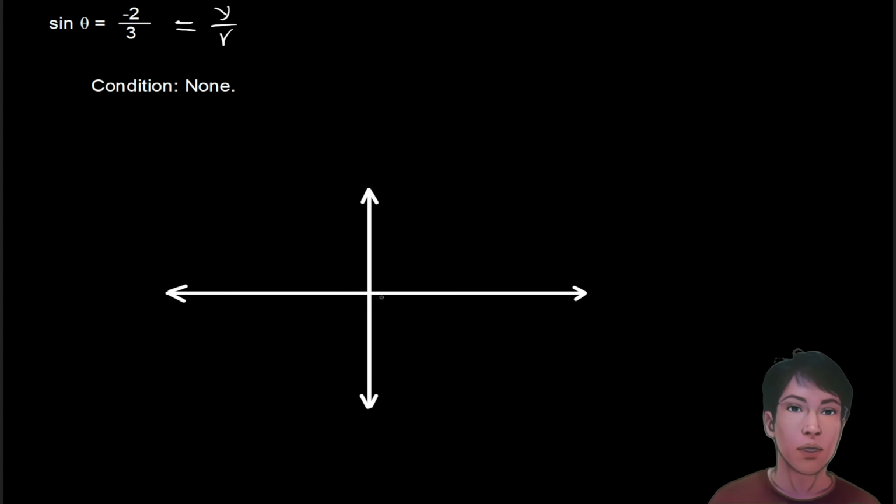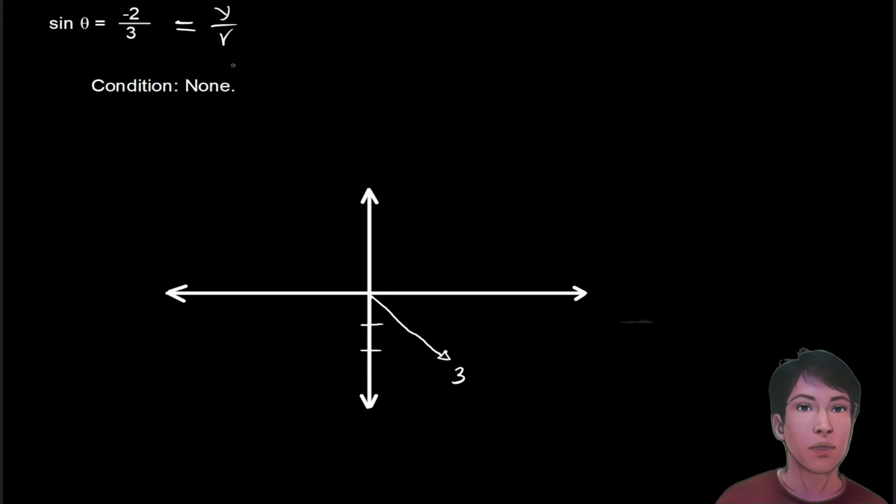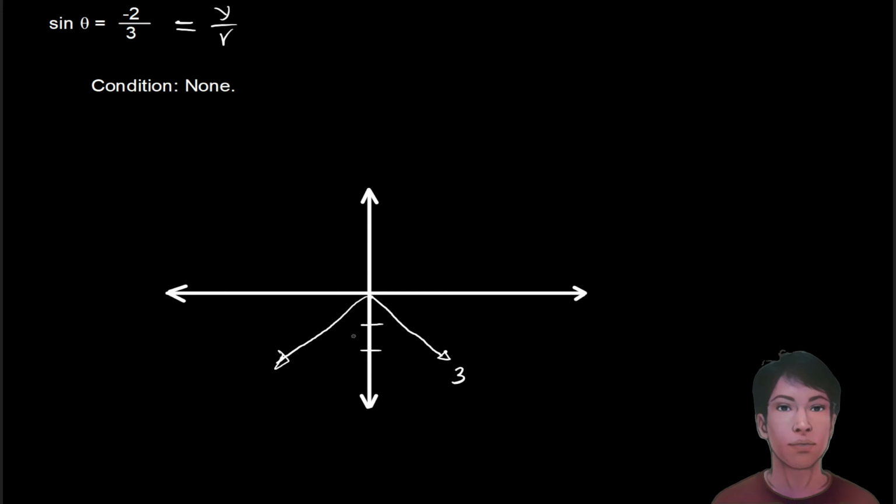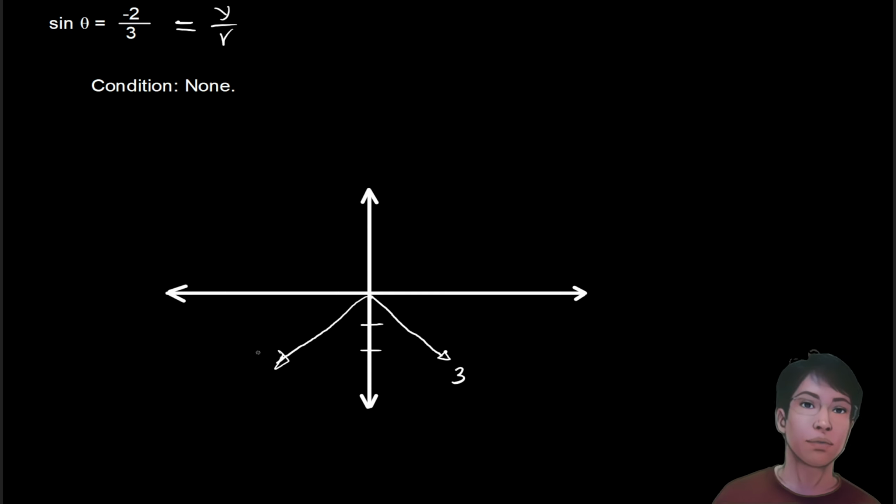Previously, the answer we had is that this is 2, then this is 3. So negative 2, so y over r can be like this, or it can be like this. So we have two possible solutions.